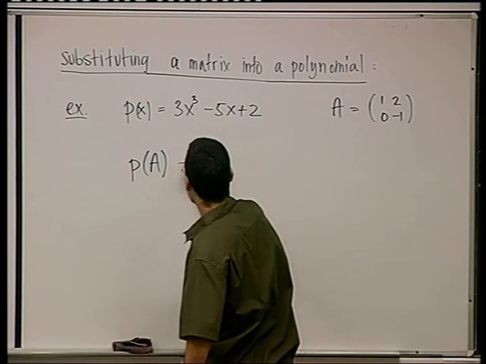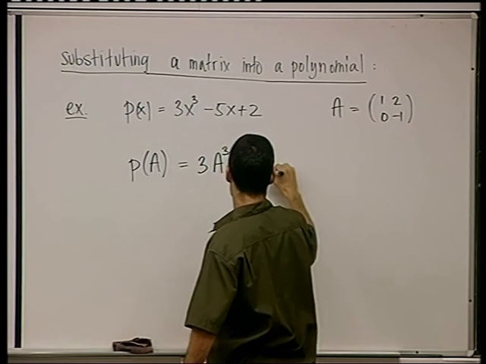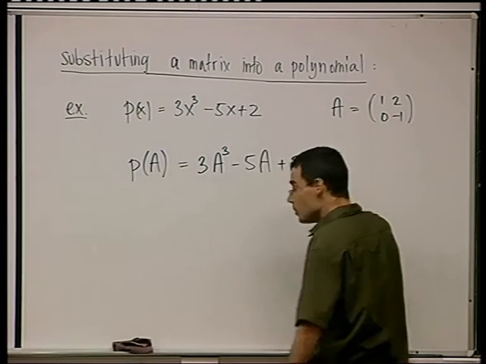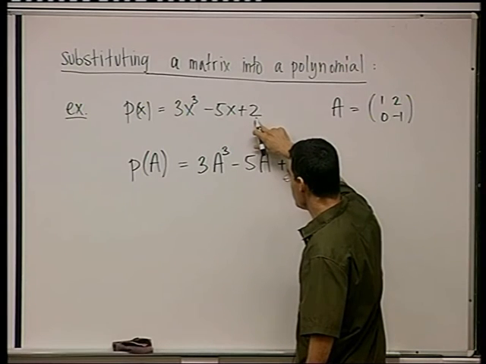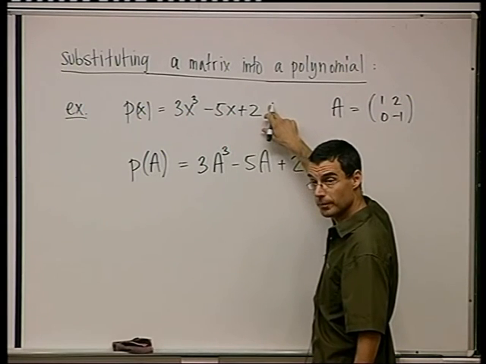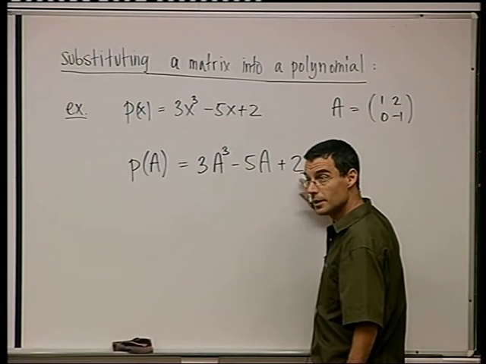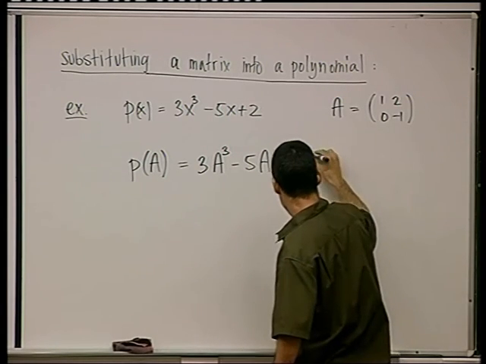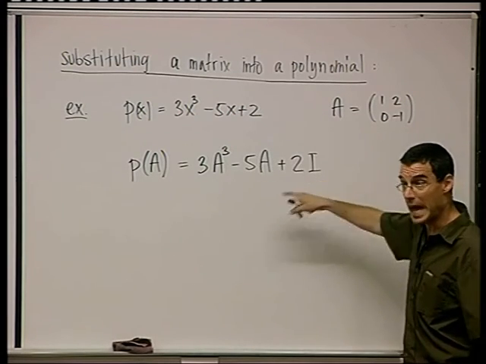So what are we going to get? We're going to get 3A cubed minus 5A plus 2. This 2 was actually 2 times x to the power 0. So here we're going to have plus 2I. This is now going to be a matrix. We're adding matrices.